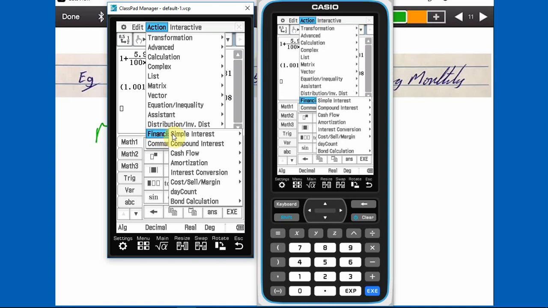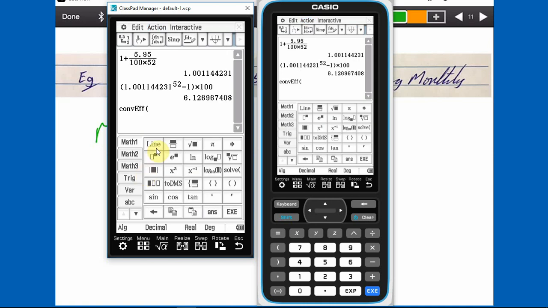What are we wanting to do here? There's a bunch of stuff that we can do. We want to convert interest, so interest conversion. What do we want to convert? Do we want to convert it to the effective, or to the nominal? Well, we want to convert it to the effective, so convert to effective.